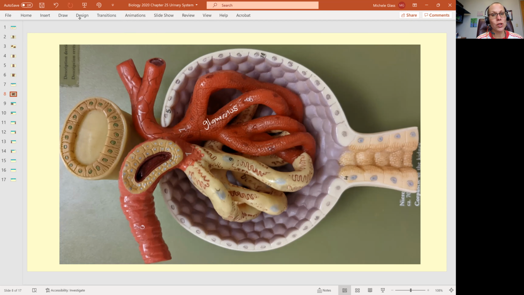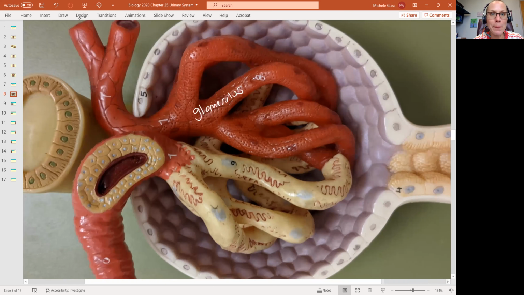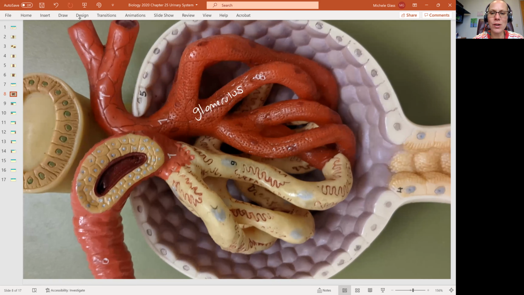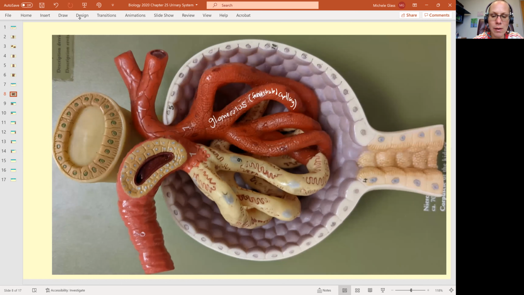So it's going to be like a circular shaped structure, and inside it has a whole mass of capillaries. And the mass of capillaries is called the glomerulus. And if you notice on this diagram, we can see its texture. There's a little pinprick looking texture to the glomerulus. And so we're seeing that it is a fenestrated capillary. And we know from our study of the cardiovascular system, then this is going to allow for a lot of movement across from the bloodstream into this capsular space. So this space that we're going to see, we're going to call the capsular space.